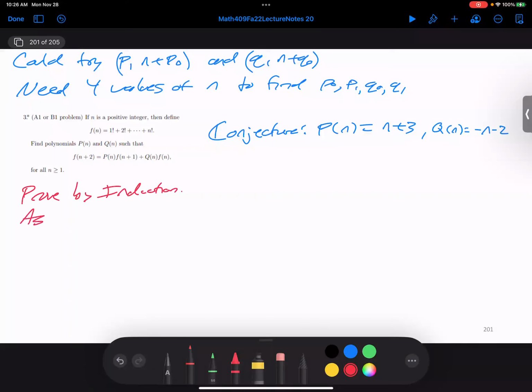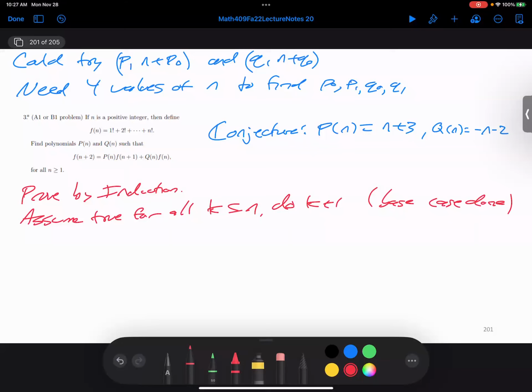Assume true for all k less than or equal to n, and do n plus 1. The base case was done, of course, when we found the polynomials. So now let's see if we can prove this.